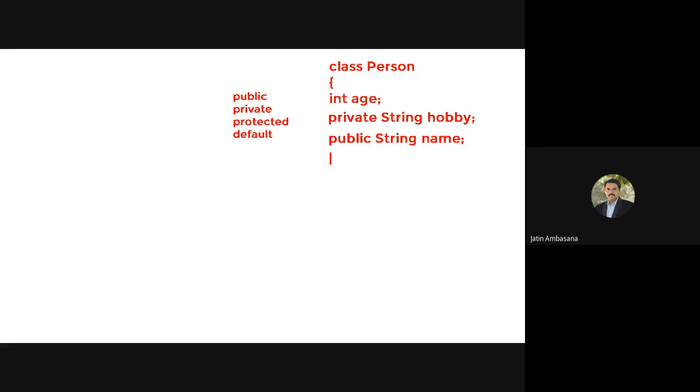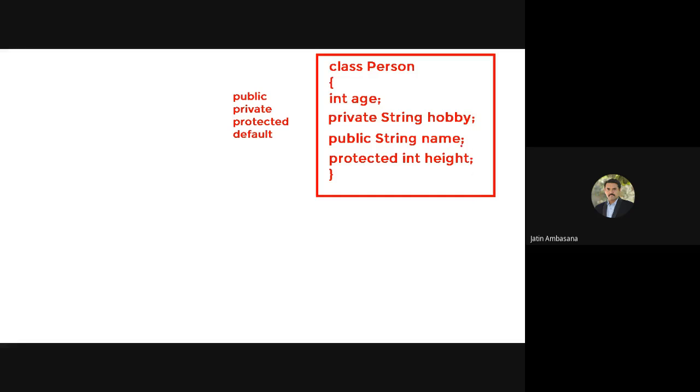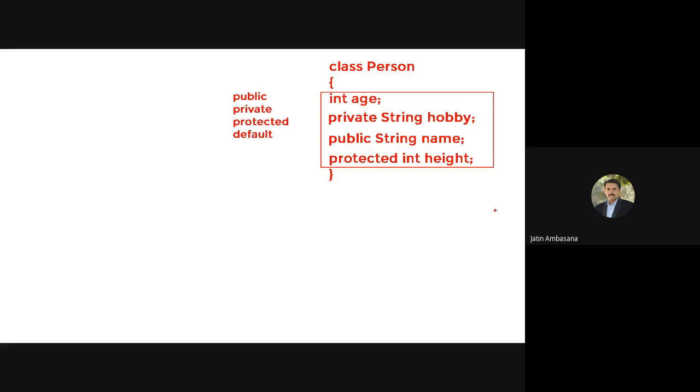And let's say there is something protected, let's say height. Now see, this class has got 4 variables and it has got different visibility scopes.